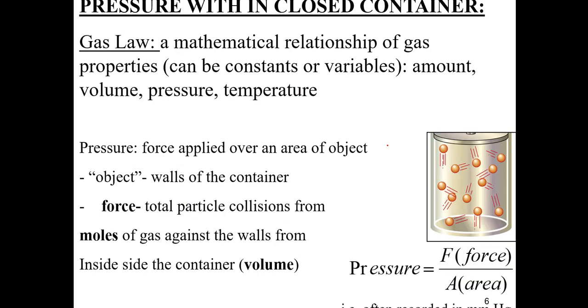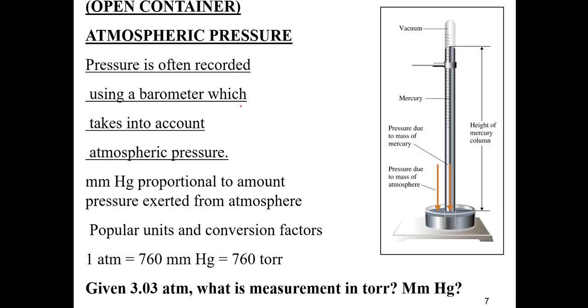Now, the big thing we're going to be looking at is the location of the gas. You have a closed container, which is what you see here, and then you have an open container. You can see this open container right here. If we shrink down here, here we have liquid mercury, and then we have a whole bunch of gas particles that are floating around.